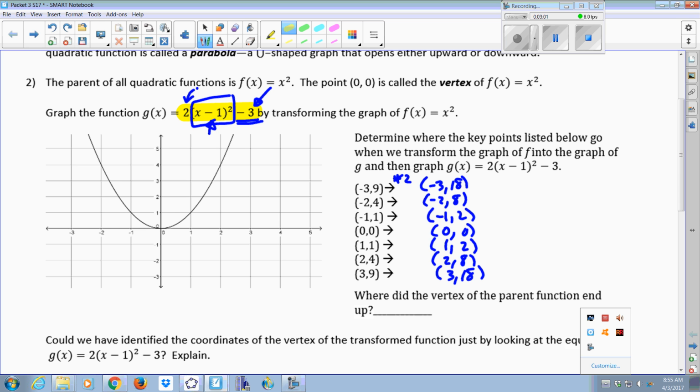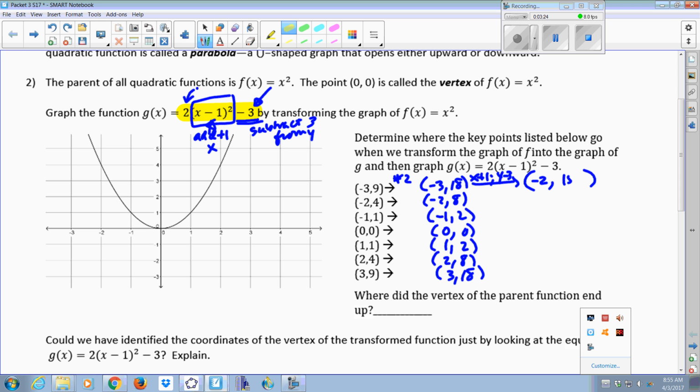So this says add 1, because it shifts everything to the right one, and this says subtract 3 from y. This one says add 1 to x. So let's add 1 to x and subtract 3 from y. And we'll do both of those at the same time. So add 1 to x is -2.